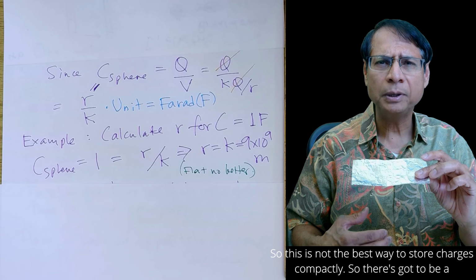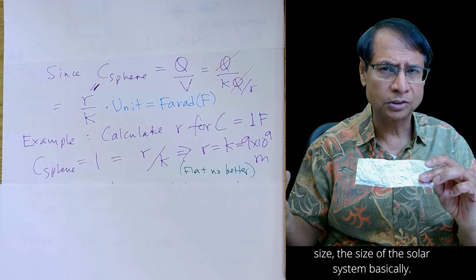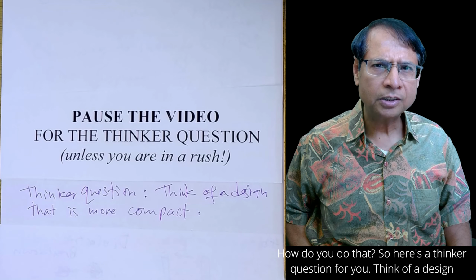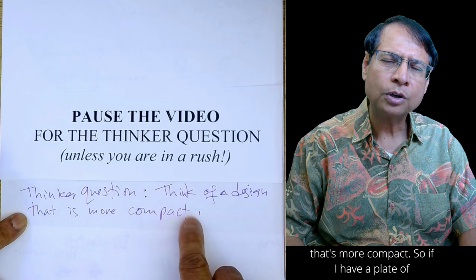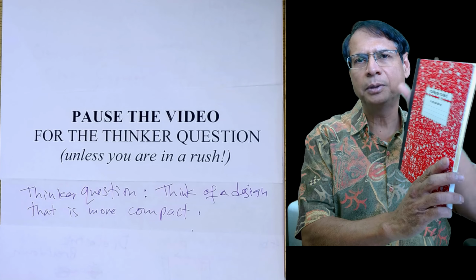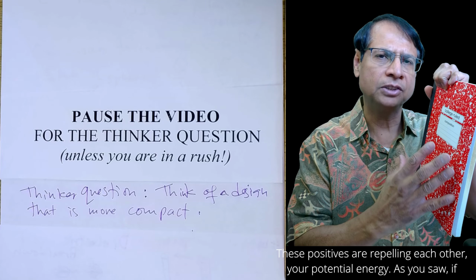So there's got to be a way to raise the capacitance without making the size of the solar system basically. How do you do that? So here's a thinker question for you. Think of a design that's more compact. So if I have a plate of charge, here's a positively charged plate, for example. These positives are repelling each other, you have potential energy.